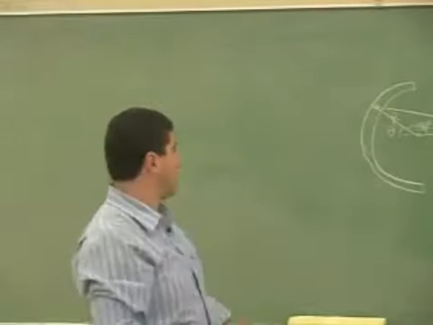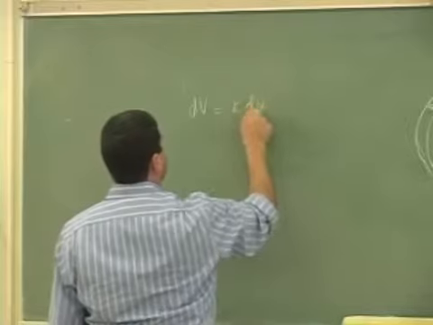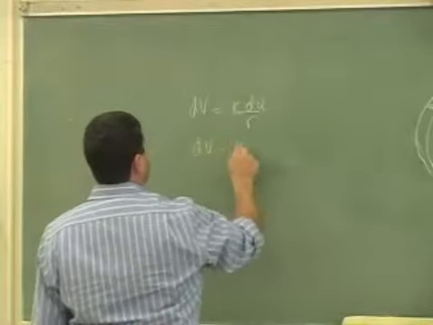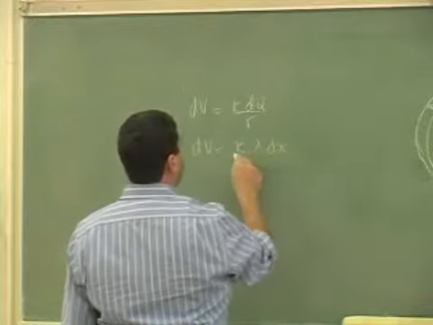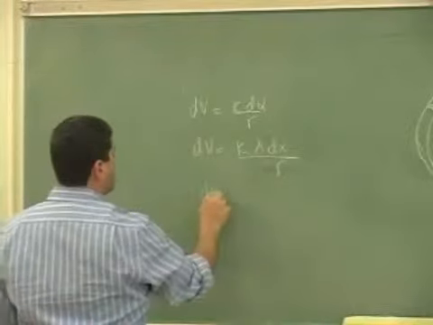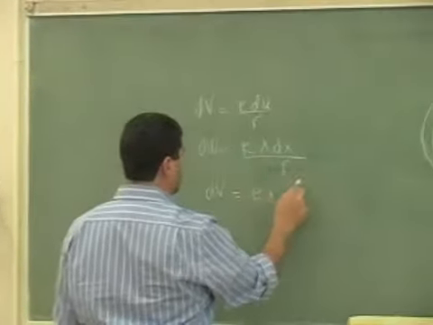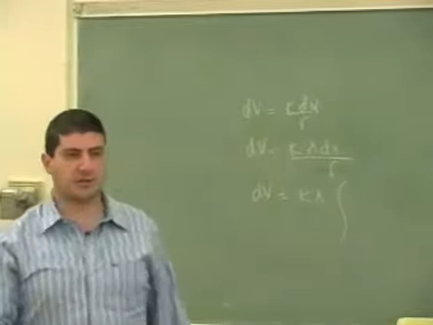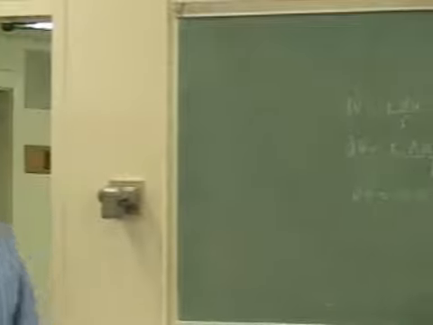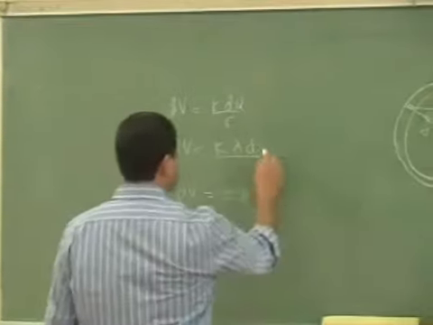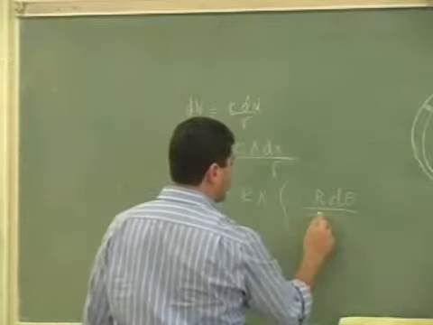So I'm going to have to integrate this: dV is equal to k dq over r. dq is equal to lambda dx. And if it's a uniform charge density, the lambda comes out of the integral. So it'll just be k lambda integral. And then the dx is equal to what? We used this technique for the electric field. We said dx was r d theta, right?